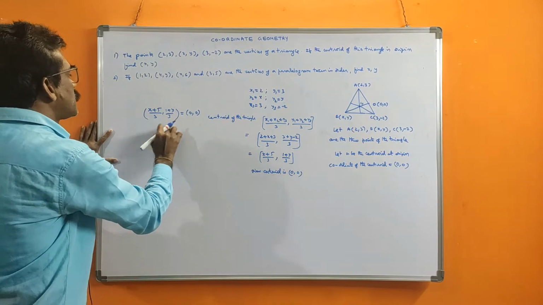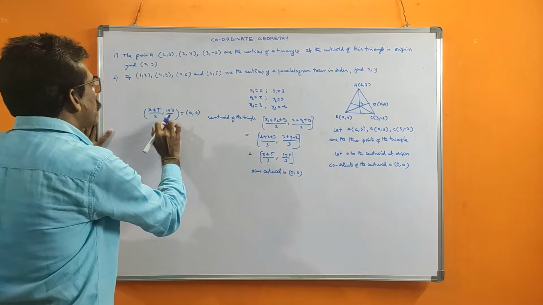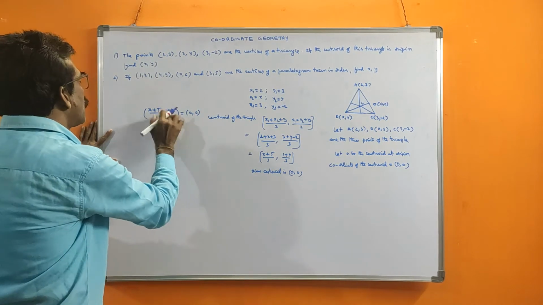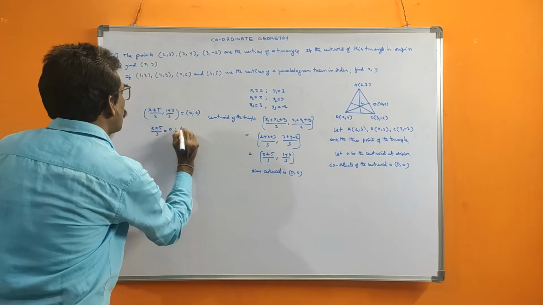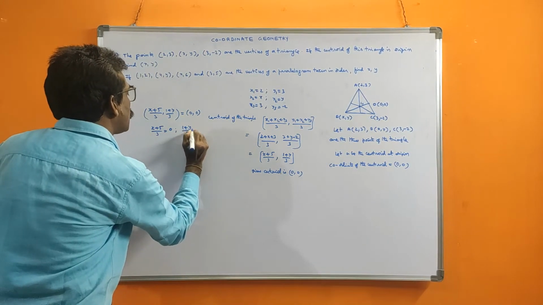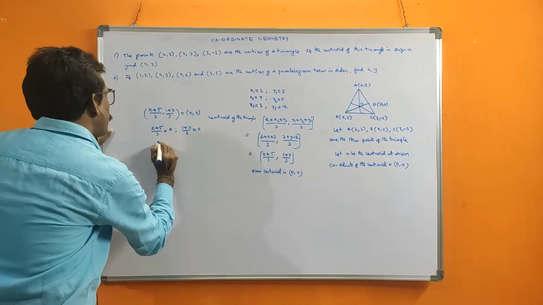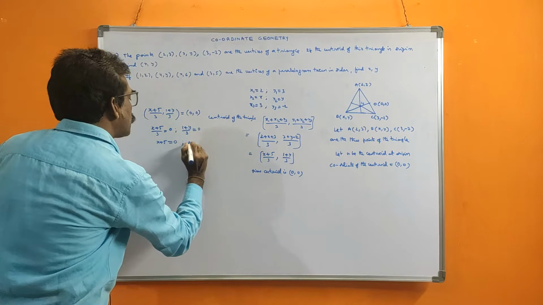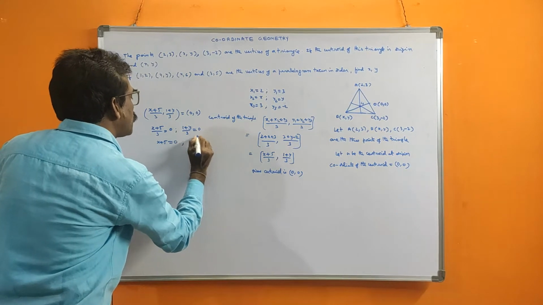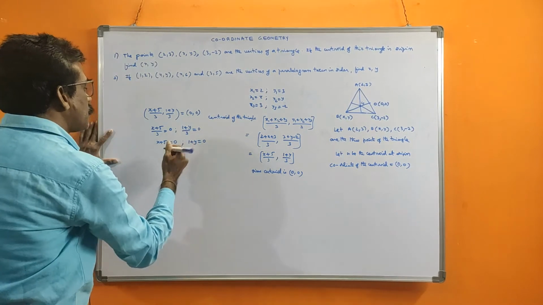That's why you should equate the x coordinate to the x coordinate, and the y coordinate to the y coordinate, to get the variables. So (x + 5)/3 is equal to 0, and (1 + y)/3 is also 0. Now by cross multiplication, x + 5 is equal to 0, and y + 1 is also 0.